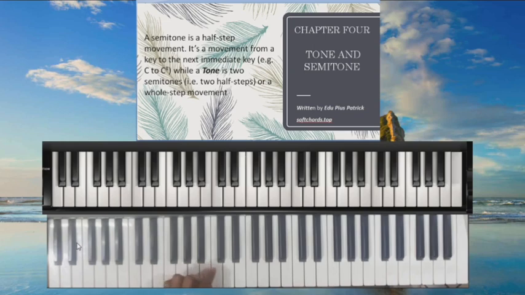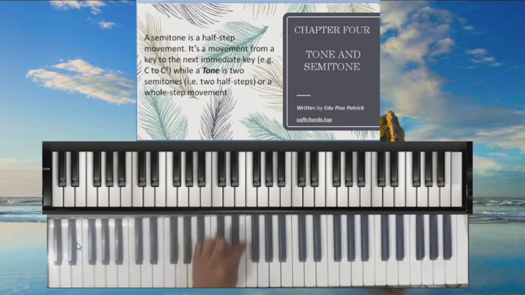So when you move from a note forward to the next note, it is a semitone movement. Let me give you an example. If you move from F to the next key, which is F sharp, that gives you a semitone movement. If you move from E to F, it becomes a semitone movement.